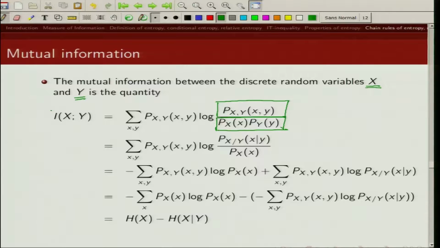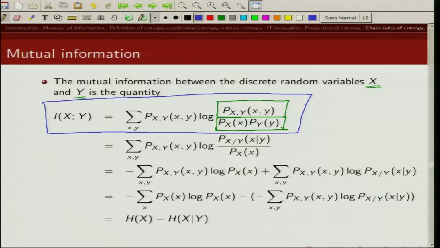This is how mutual information is defined. Now we can write this joint distribution in terms of conditional distribution, as probability of x given y times probability of y. Then this particular term can be written like this.